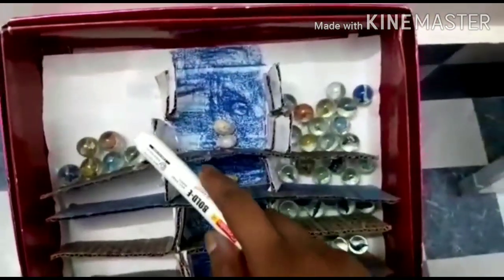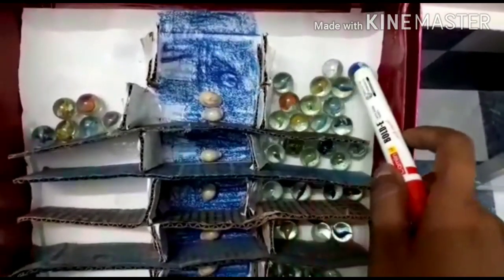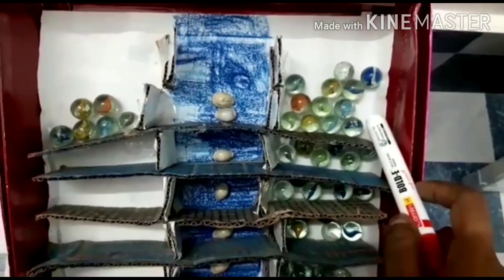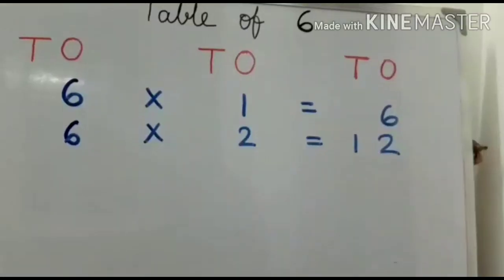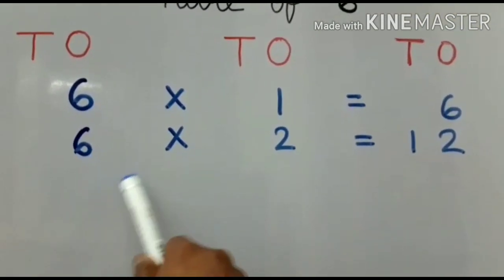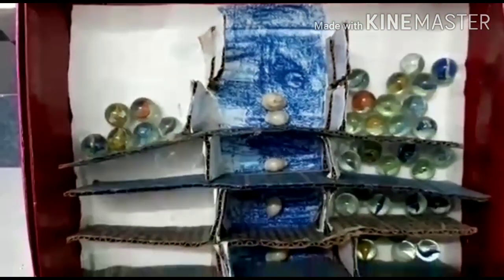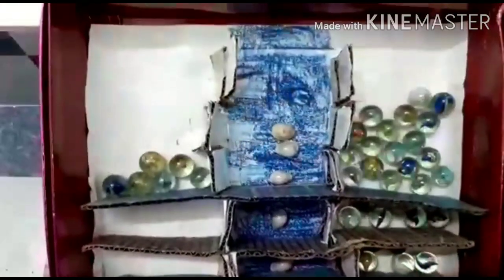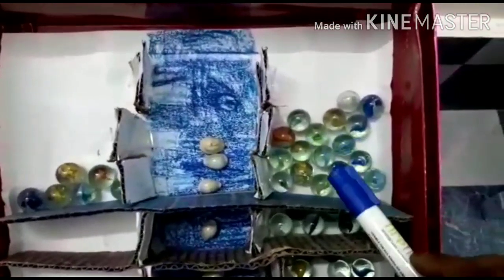Then 6 twos are 12. I have 12 marbles here. So 6 twos are 12. That I have written on the board. Now again I will take out this board. Then 6, how many crunches? 3. 6 threes are 18 marbles.